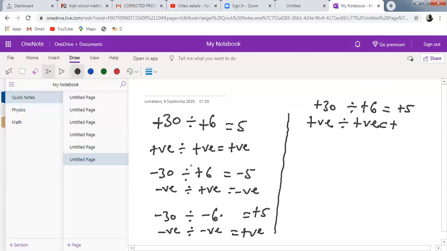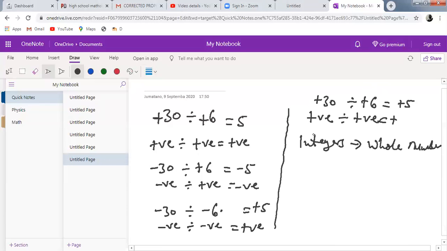Then we can talk about, remember, in all cases, we are talking about integers here. And integers are just whole numbers. These are whole numbers, numbers without fractions.